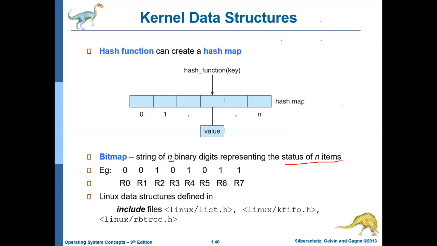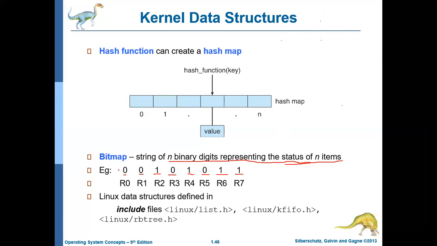Basically it is a collection of binary strings which represent the status of different resources. Say for example, we are using an 8-bit bitmap. There are totally 8 bits: the 0th bit, first bit, second bit, third, fourth, fifth, sixth, and seventh bit. So 0 to 7, there are 8 bits.